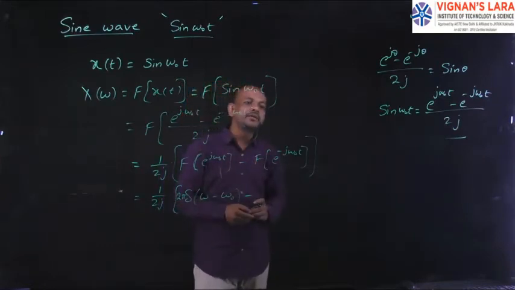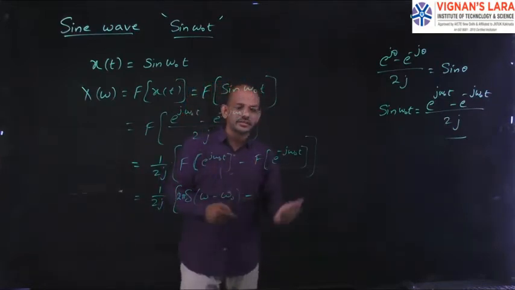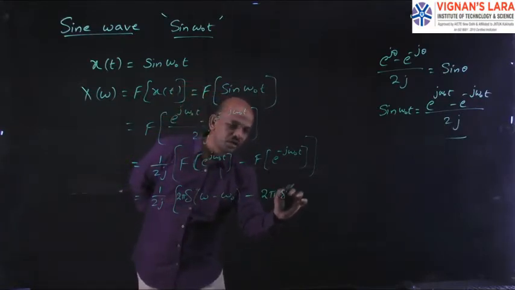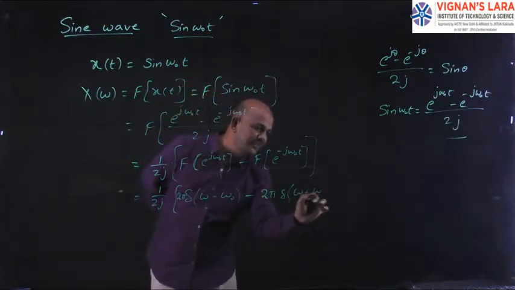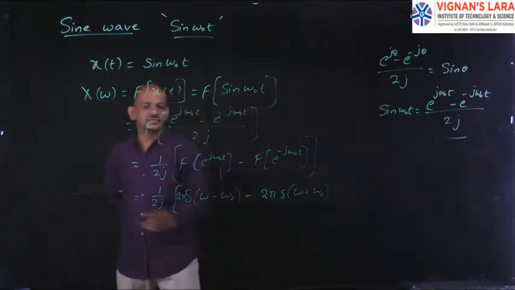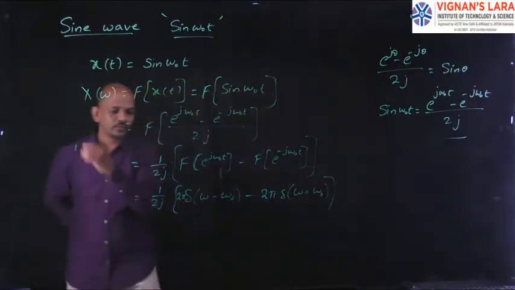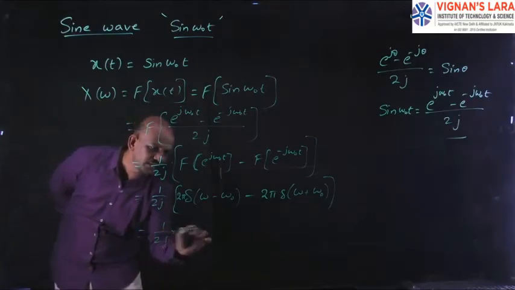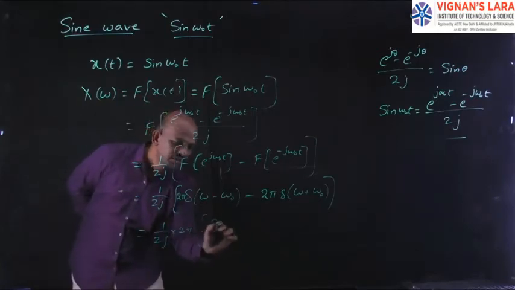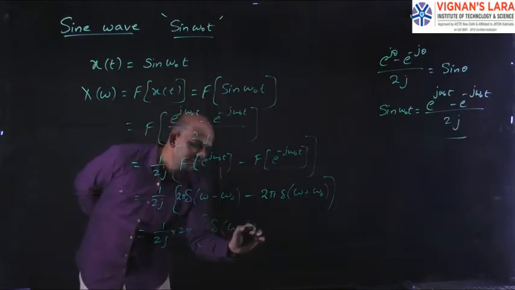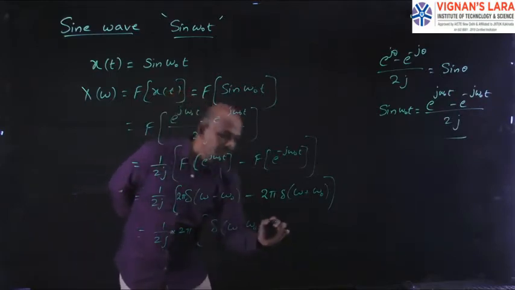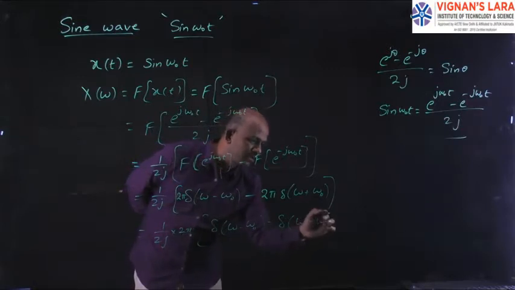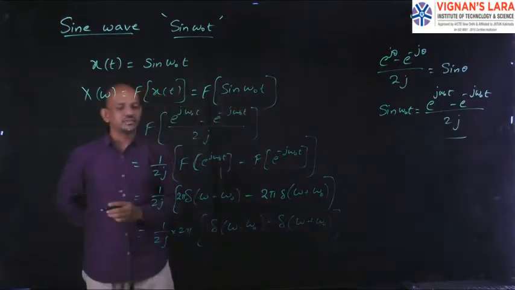For e power minus j omega naught t, the Fourier transform is 2 pi del of omega plus omega naught. So taking 2 pi as common, we get 1 by 2j into 2 pi, into del of omega minus omega naught minus del of omega plus omega naught.